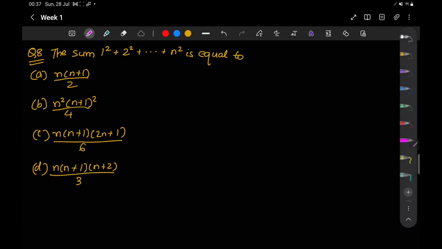The correct option is option C. Oh, sorry, I need to change the color of my pen. And this can actually be done by the method of proof by induction.